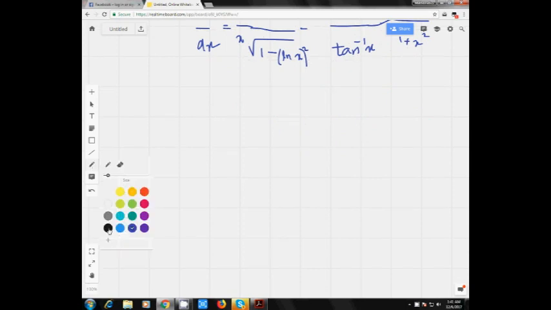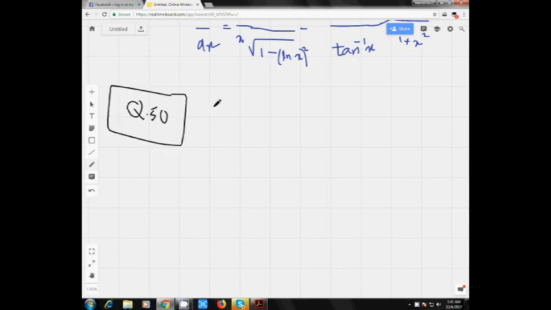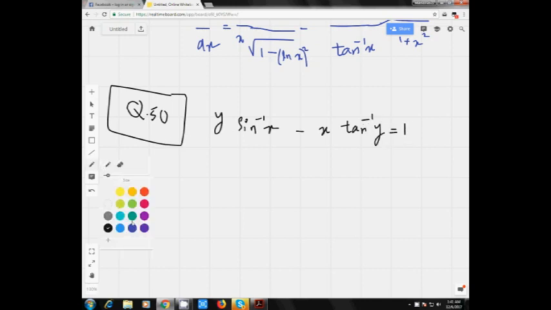Last question of today is question number 50, and it is y arc sine x minus x arc tan y, that is tan inverse y, equal to 1. Directly apply the differentiation.